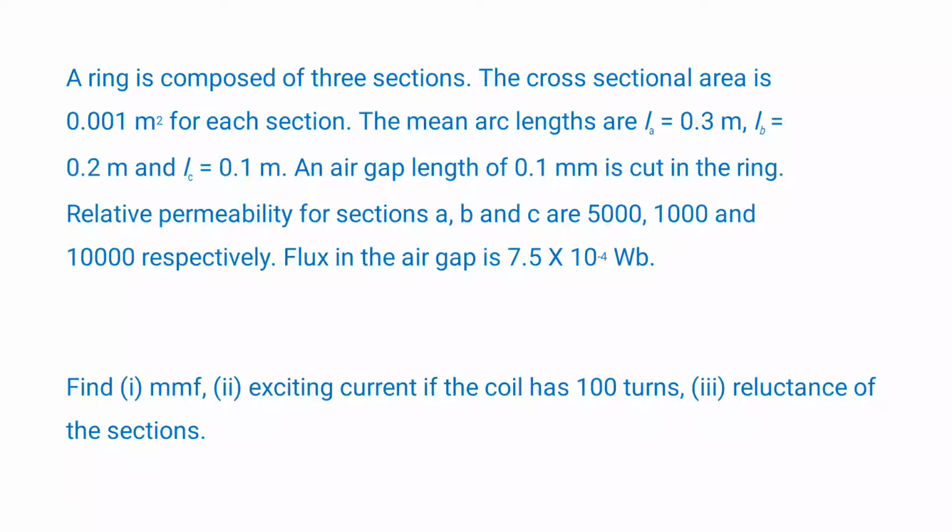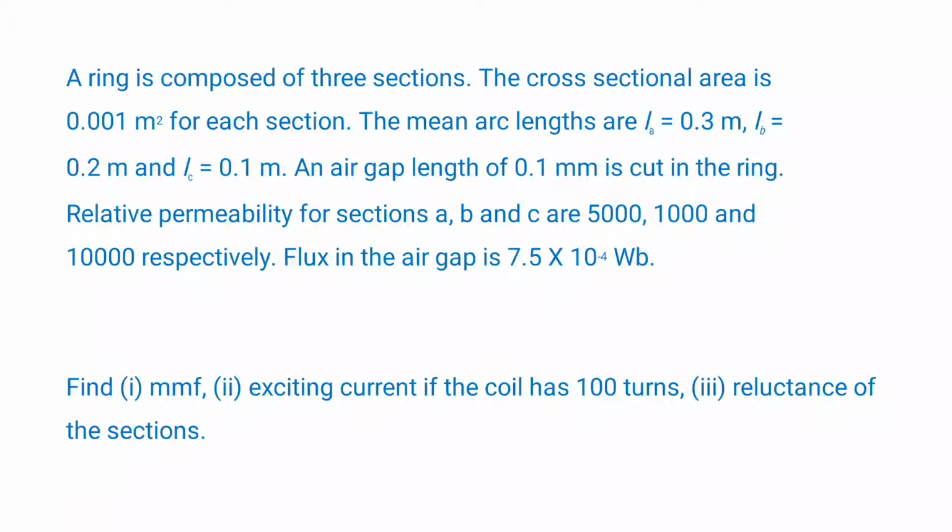First problem: a ring is composed of 3 sections. The cross sectional area is 0.001 meter square for each section. The mean arc length A is equal to 0.3 meters, B is equal to 0.2 meters, and C is equal to 0.1 meter. An air gap length of 0.1 millimeter is cut into the ring.